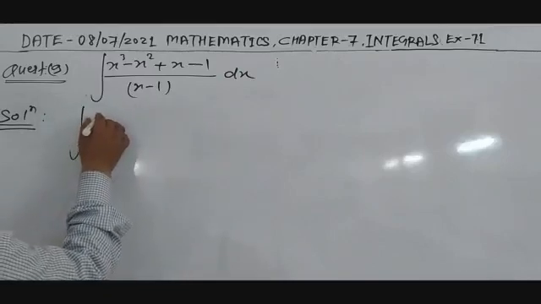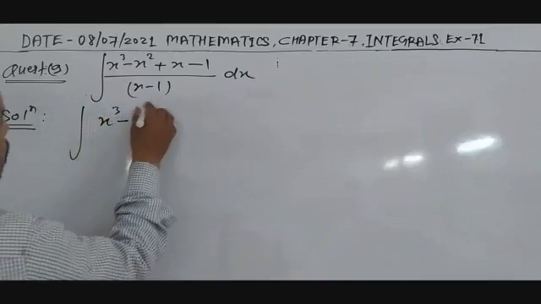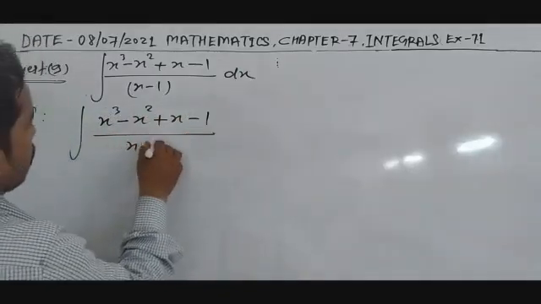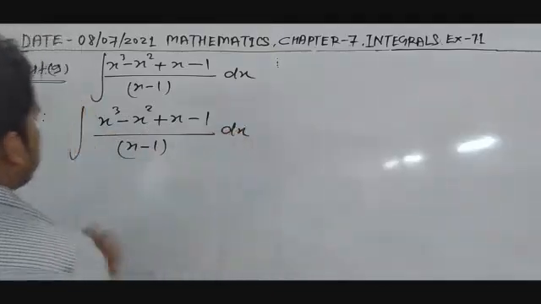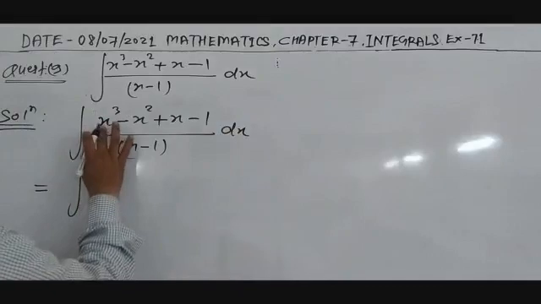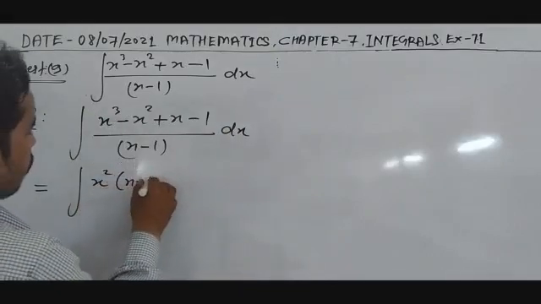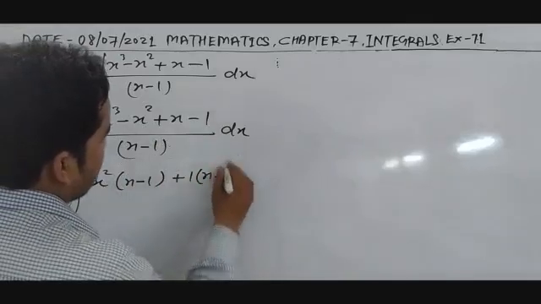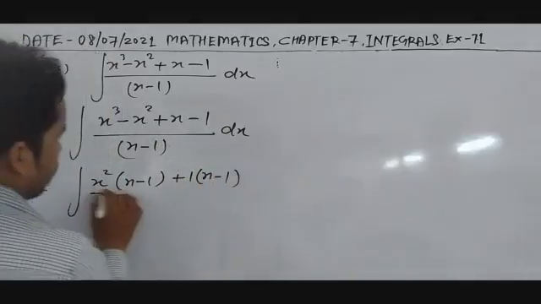So the given expression, first of all you have to write x cube minus x square plus x minus 1 whole upon x minus 1 dx. Now you can simplify, or you can take common x square from first two terms, result will be x minus 1, and plus 1 you can take common from third and fourth, so it will be x minus 1.